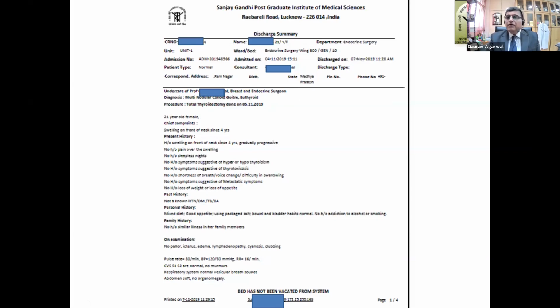In most cases, a number of doctors are involved, so it may not be possible to name all the doctors who are involved with the patient's care, but the important key ones: the diagnosis, the procedure, if at all any was done, on which date was the procedure performed, the patient's salient history findings, the chief complaints, present history, past history, family history, examination findings. And on the bottom, you would also see who's the doctor who has discharged the patient and at what time and date was the discharge done.